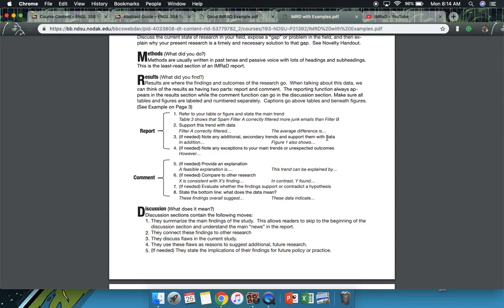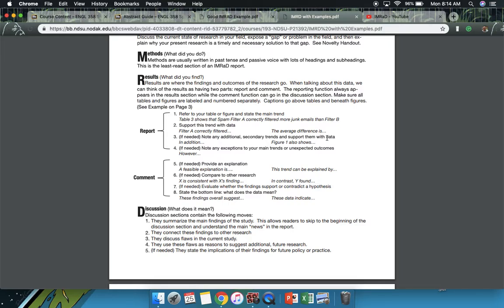You might show that two findings are consistent with one another or two findings contrast with one another, and explain why you think that is. If needed, you can evaluate whether the findings support or contradict your hypothesis or whether or not they answer your research question. And then the bottom line should also be contained in the results. What does it all mean?